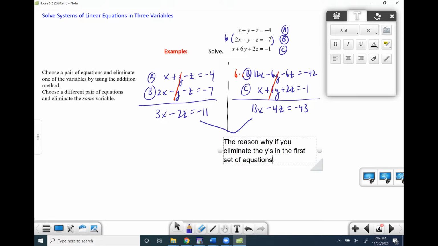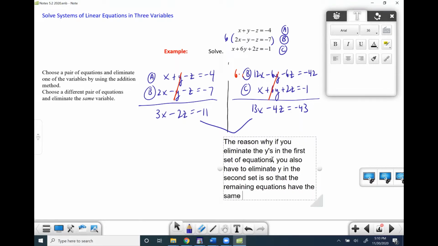The reason why, if you eliminate y's in the first set of equations, you also have to eliminate y in the second set, is so that the remaining equations have the same variables, x and z.